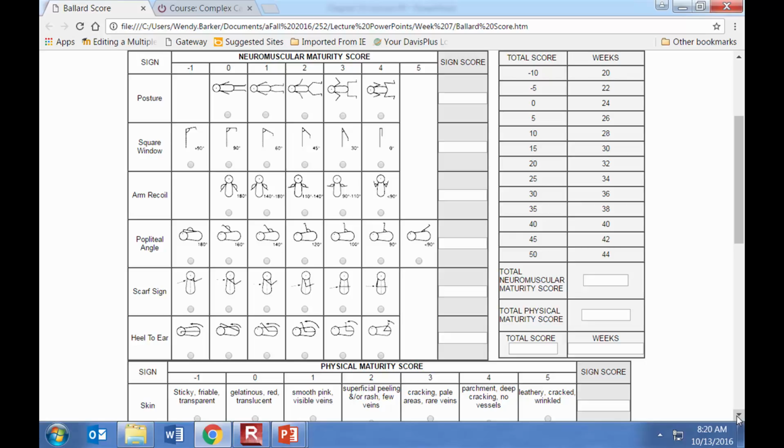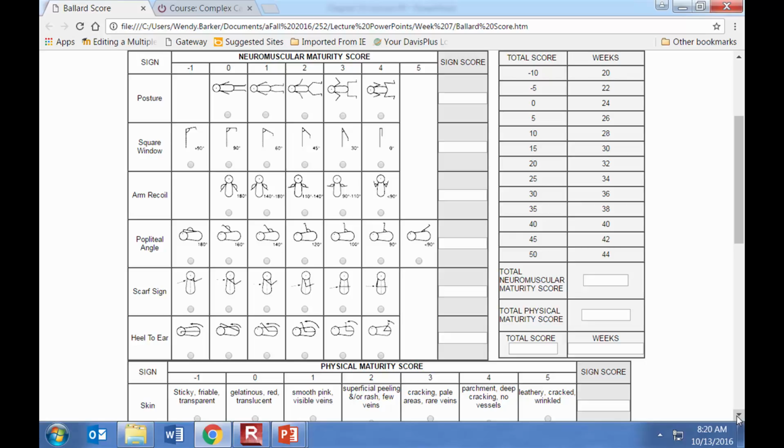So we decide which score in this column is closest to our total, and then we go across from that score, and this column is weeks, okay? So if my baby's score was 34, which best matches the total score of 35, I would go across, and my estimated gestational age is 38. Okay?